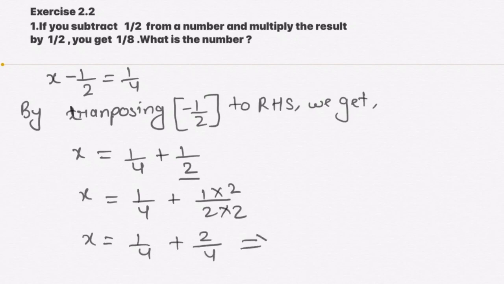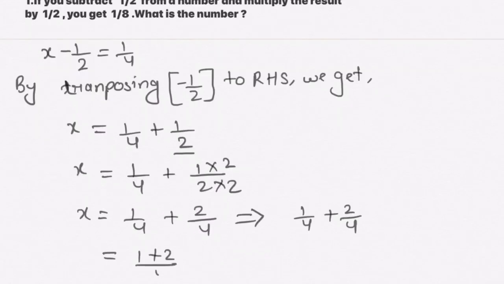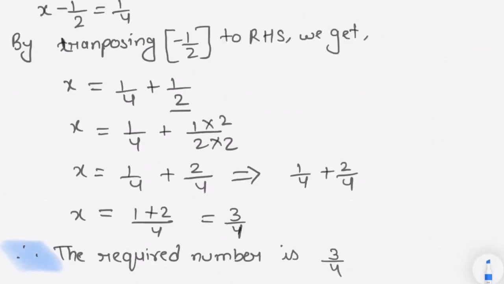Now both fractions have the same denominator, so we can bring together the numerators. To the next line, x is equal to 1 plus 2 upon 4. 1 plus 2 is 3, and in the denominator we write the common denominator a single time. So we have the value of x as 3 by 4. Therefore the required number is 3 by 4.